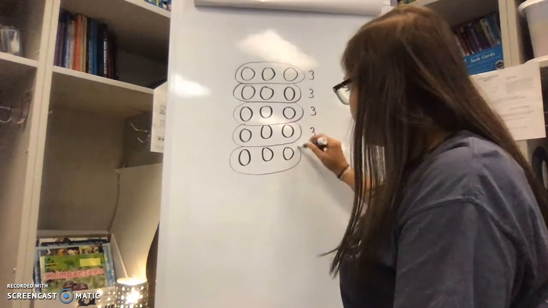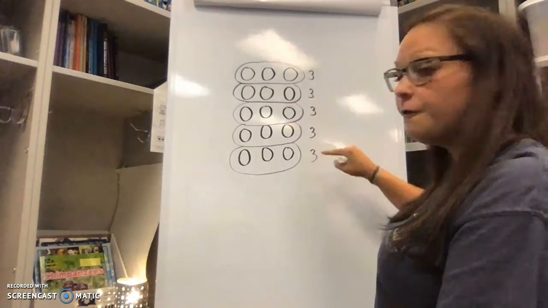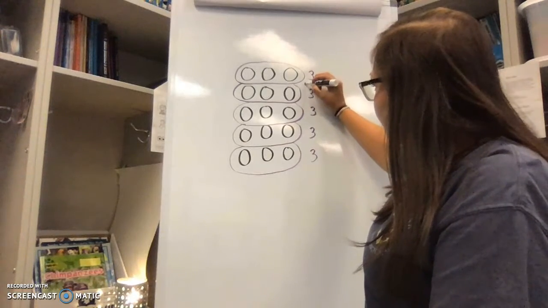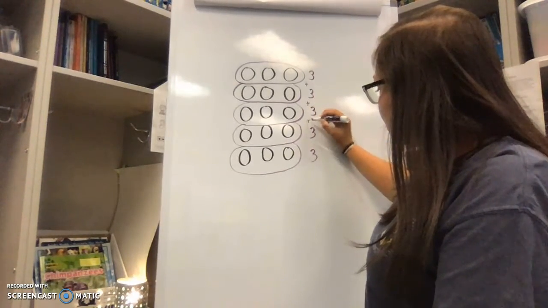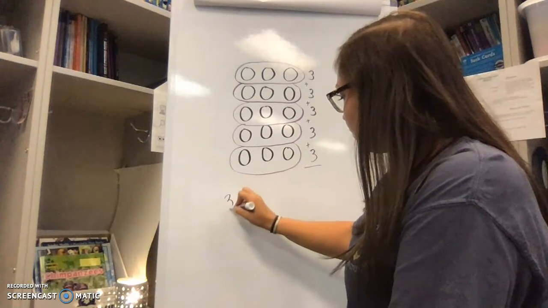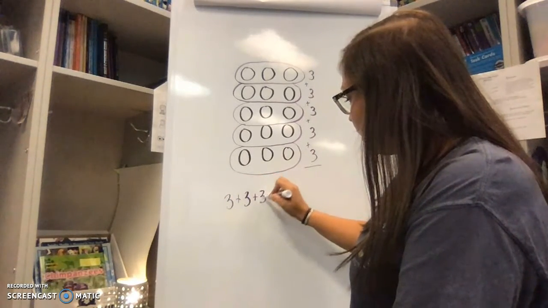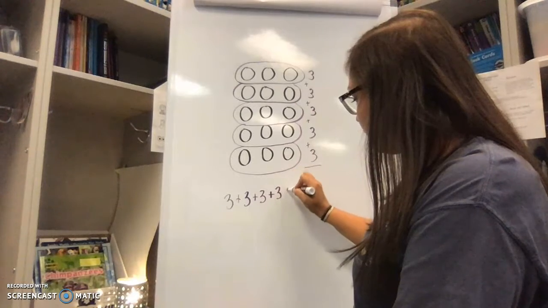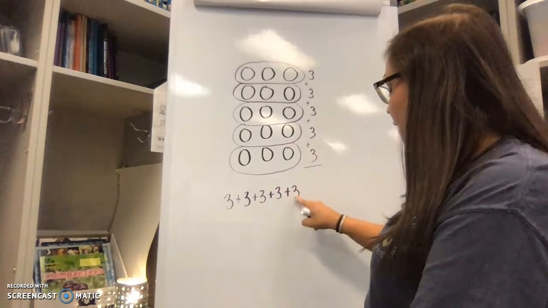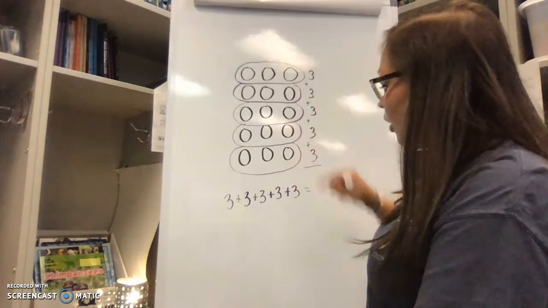And here's another row of 3. So I really have 1, 2, 3, 4, 5 groups of 3. So for my repeated addition sentence, I'm just adding these together. So we would write 3 plus 3 plus 3 plus 3 plus 3. I have 1, 2, 3, 4, 5 3s, one for each row.